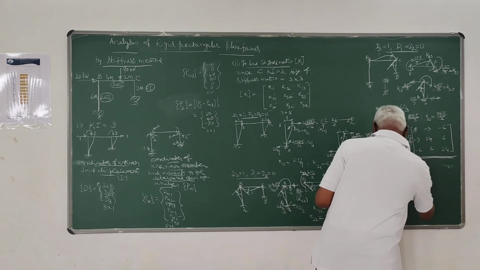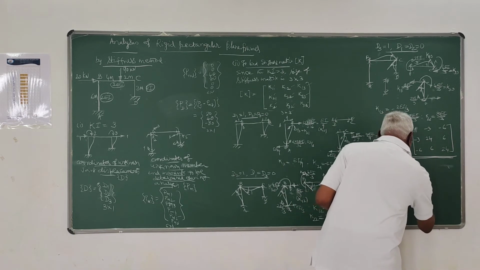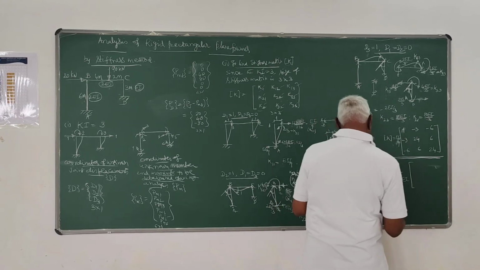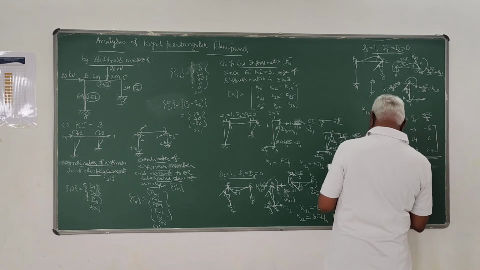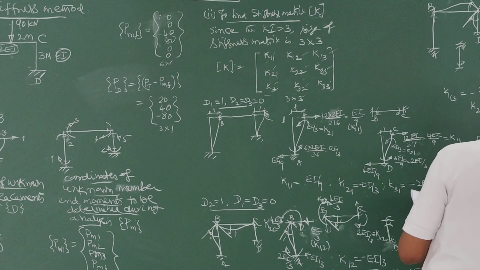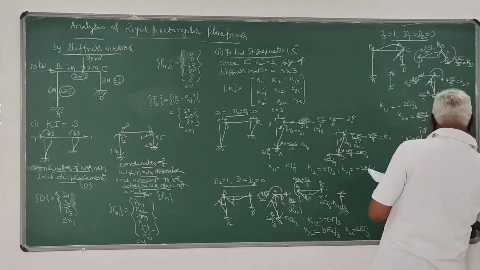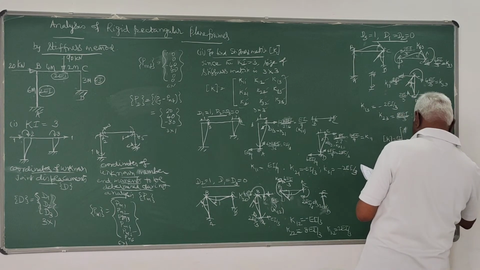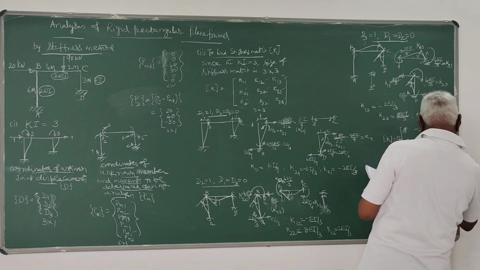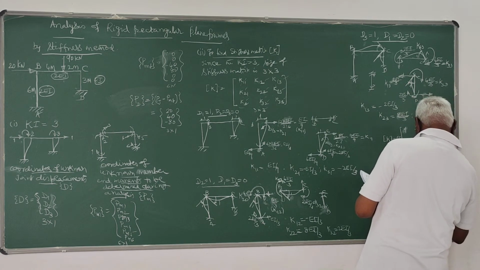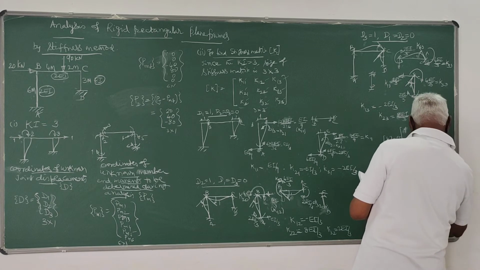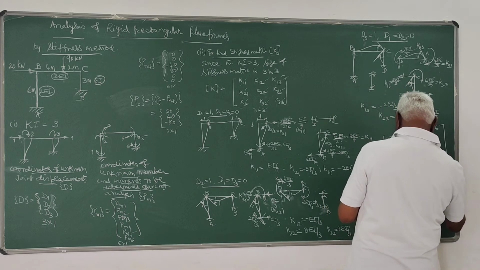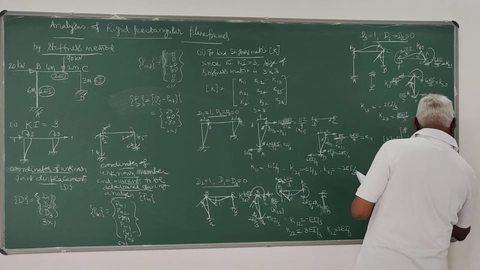You are going to get 1 over 90 EI into 25, 3, 10.5, 3, 10.5, then 7, minus 1, and this value is 9.25.